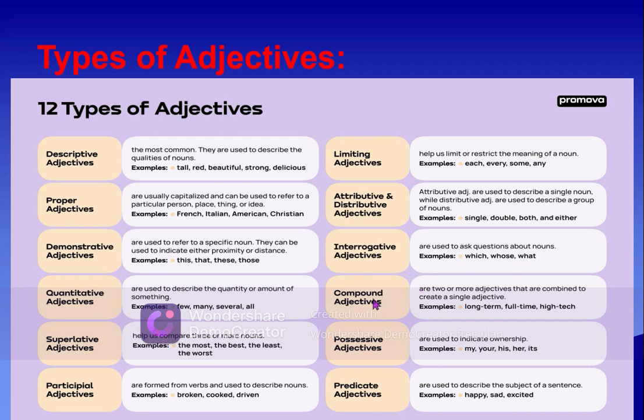We are skipping compound adjective because we shall discuss compound adjective in our next slide. Possessive adjectives indicate ownership of a noun or pronoun. We say my car, your house, his pen, her pen. And predicative adjective, wait for the next slide.